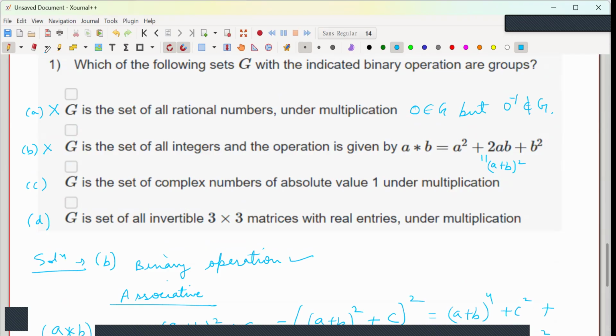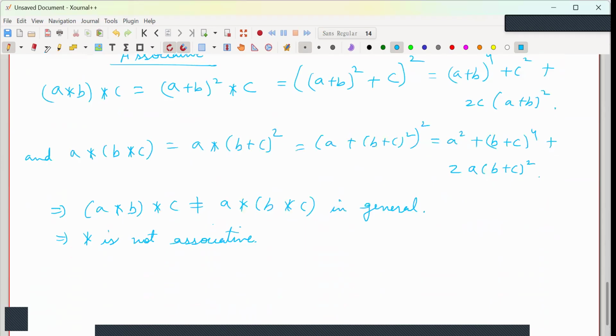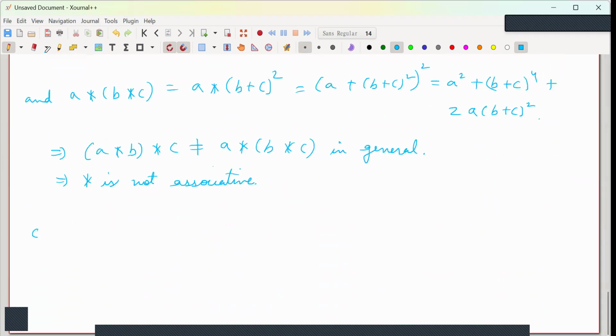So you know what is absolute value? What is the absolute value of a complex number Z, which is say A plus iota B? Root of A square plus B square. Good. Absolute value of Z, which we denote by mod Z, is root of A square plus B square.